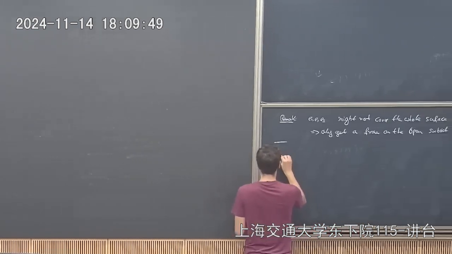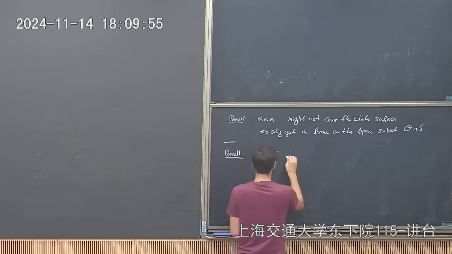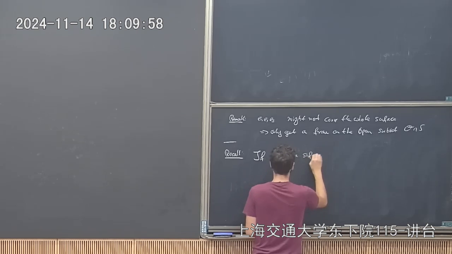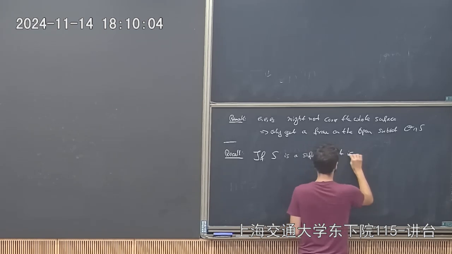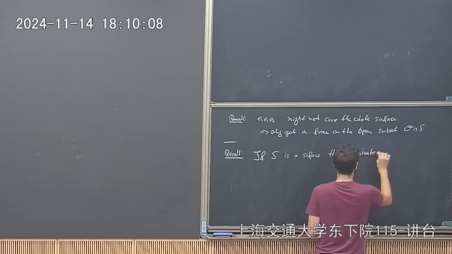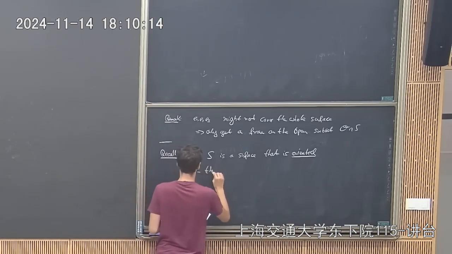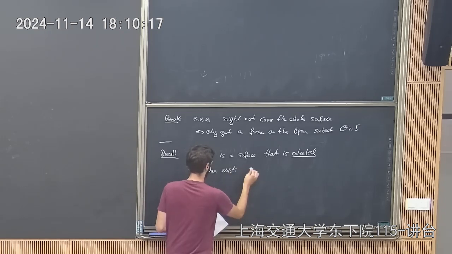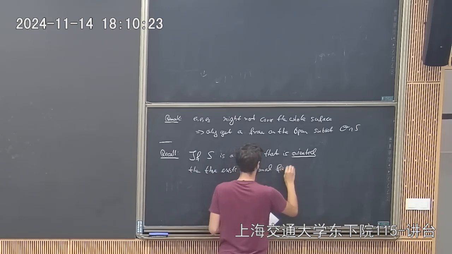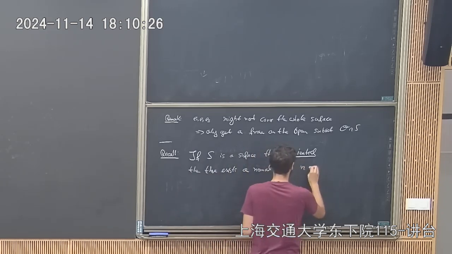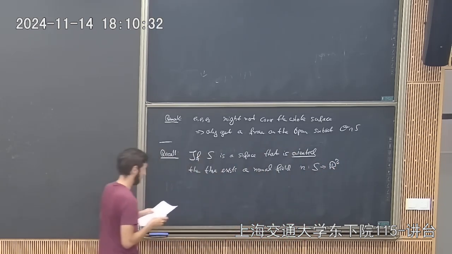So we call a surface oriented if there exists a normal field, which was denoted by N, which is nowhere vanishing.